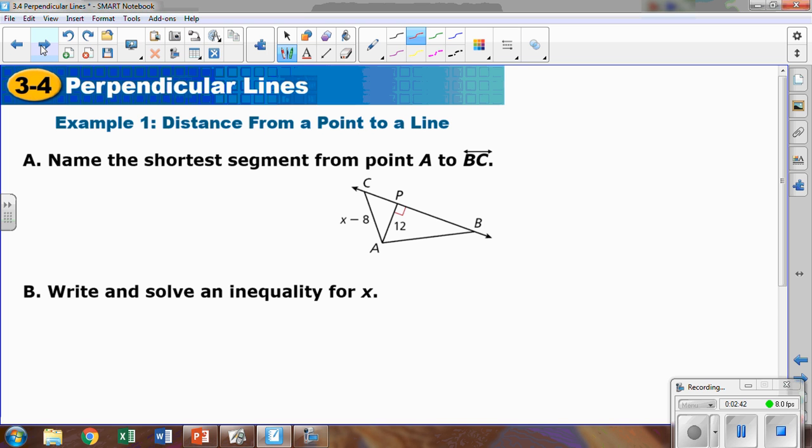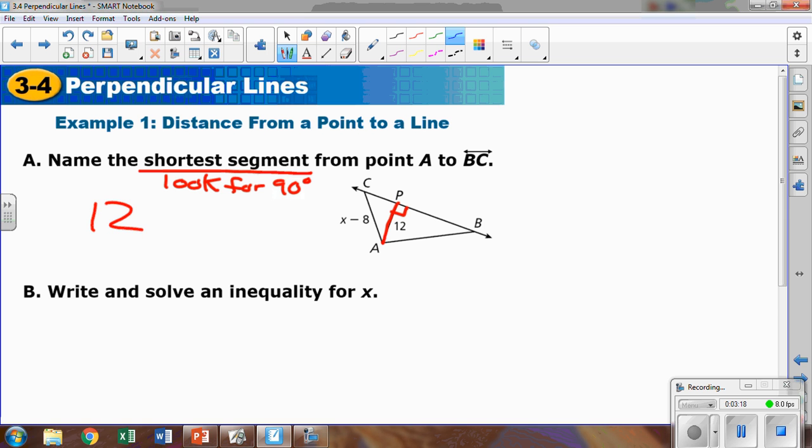So, just looking at this first example, what's the shortest segment from point A down to the side BC? Shortest segment is distance. Distance is always at a 90. When you look at this piece, that should tell you you are looking for a 90-degree angle. That is, you're looking for perpendicular. And since we've got it right there, how long is that piece?